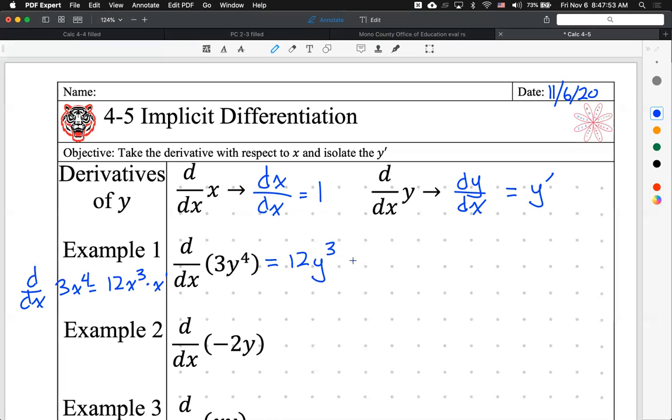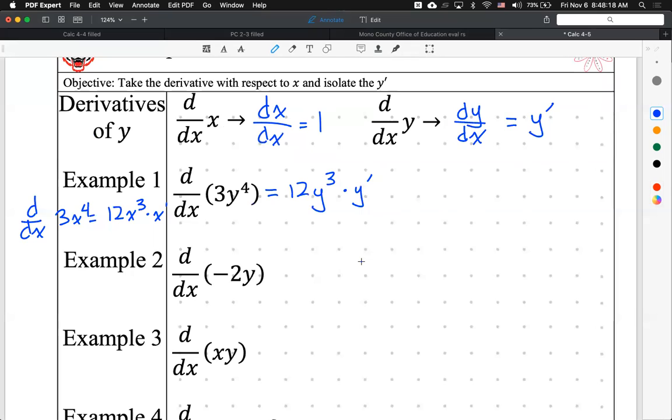Now it's not 1. There is an inner. The derivative of the inner, this inner right now is y. The derivative of y is y prime. So our answer is actually 12y cubed y prime. This means we have one extra little nesting doll that we have to worry about. And it's hard to remember that because we haven't really ever done it before.